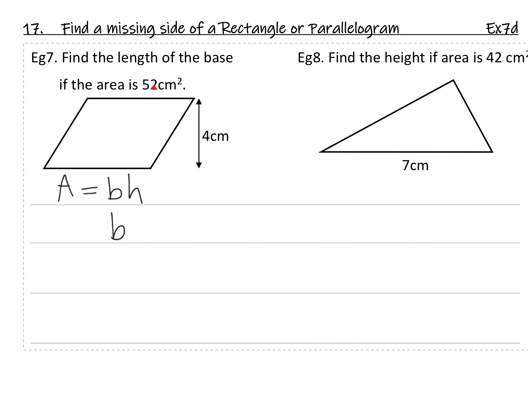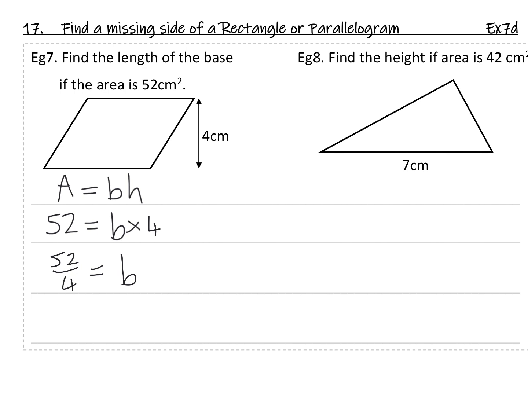If the area is 52, so the area A is 52, multiplied by BH means B times H. H is the height of this parallelogram, which you can see is 4. Okay, so we've got B times 4 is 52. To work out B, you can divide both sides by 4.